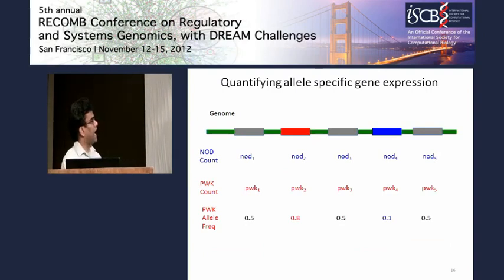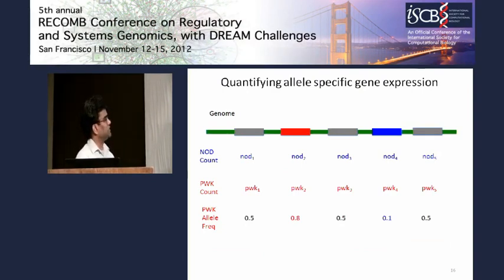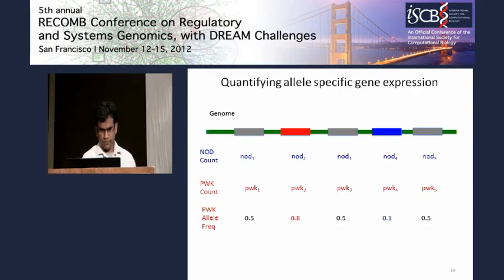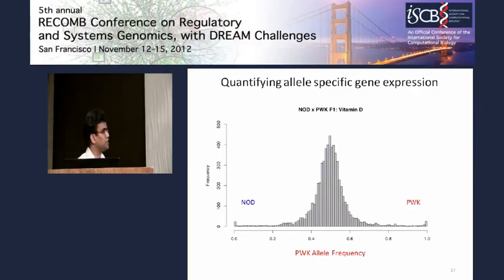Once we have done that, we can look at all the genomic features, be it exons or gene level, and since we have NOD-specific and PWK-specific counts, we can compute either the NOD or PWK allele frequency from the count data. The simplest thing one can do is plot the histogram of the PWK allele frequency. Here I have plotted the histogram for NOD PWK F1 animals.